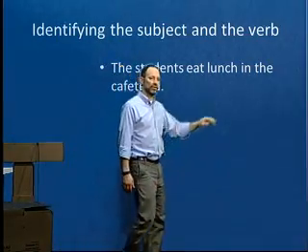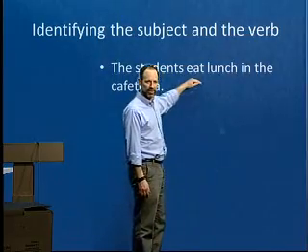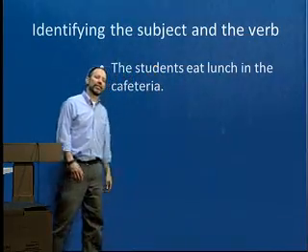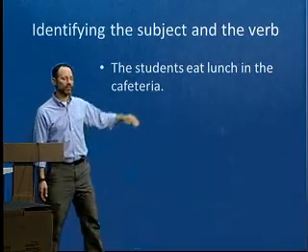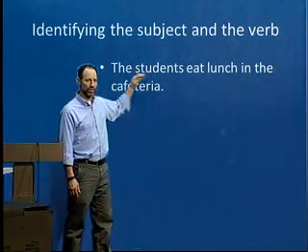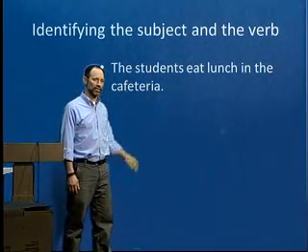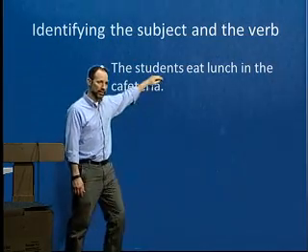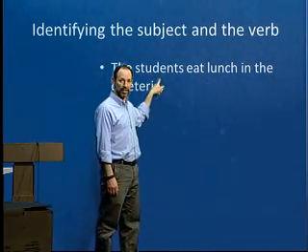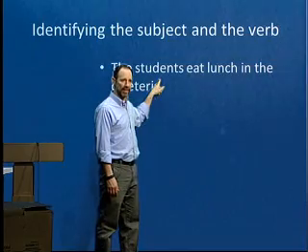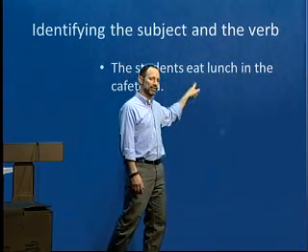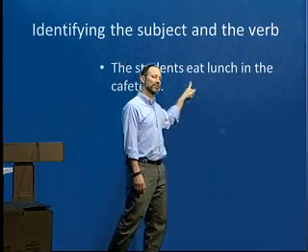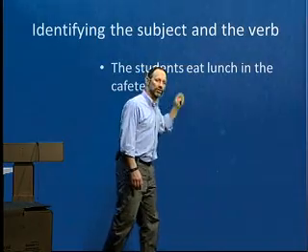What's the action? The action is eat. And then I'll think, who is doing this action? Students. The students eat lunch. So students is my subject. It's plural, so it's like the pronoun they.